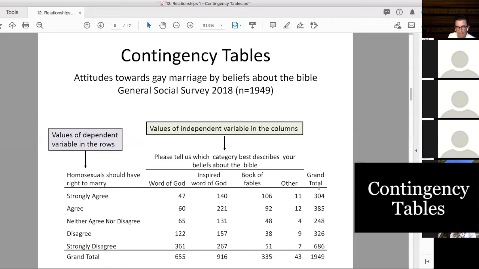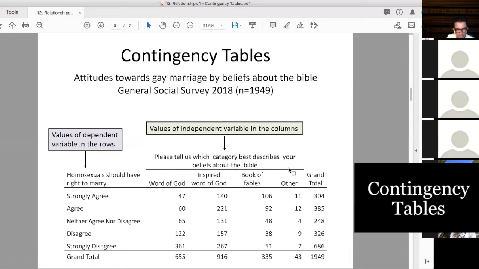It tells you that out of everybody that answered these two questions, first of all, it's 1,949 that answered both questions. 304 of them said they strongly agree, right? And 686 say they strongly disagree, and so forth.